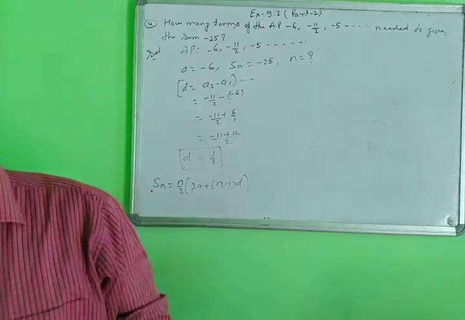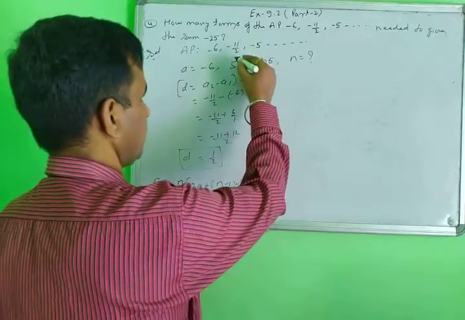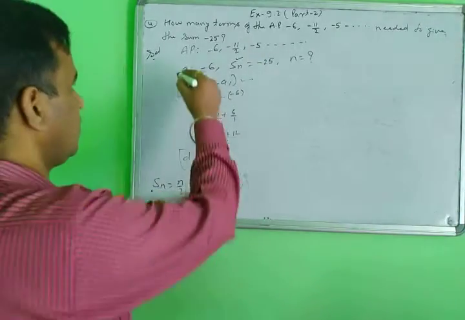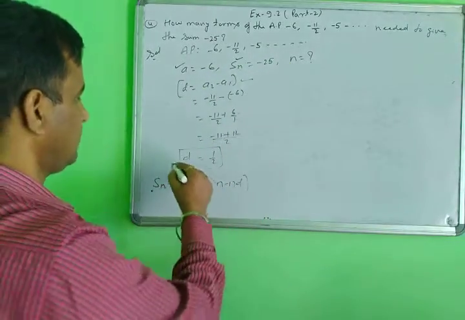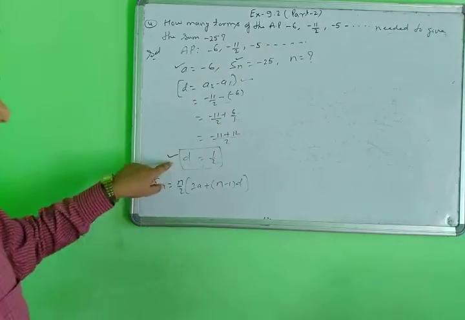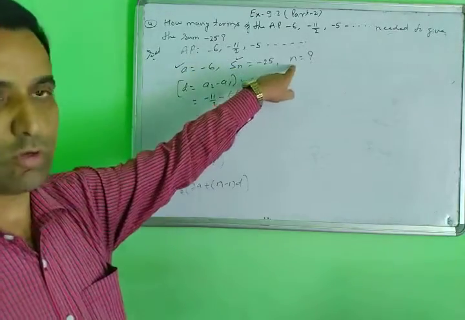Then the value of A is already given, the value of D is already given, and you will find the value of n. So D, A, and Sn, three values are given. Then you will find the value of n.